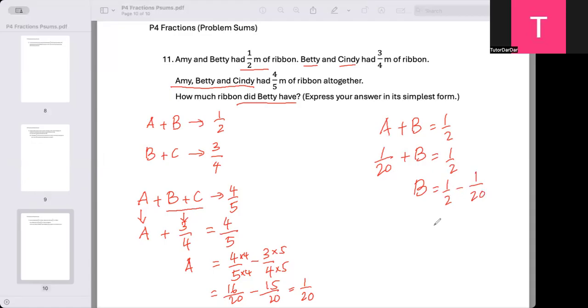So we multiply 2 by 10 to make the same denominator. So we will have 10/20 minus 1/20. We are left with 9/20. So the answer is 9/20 meter.